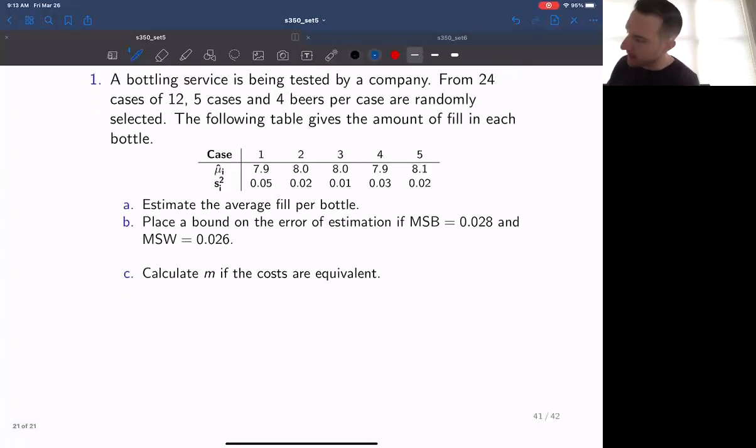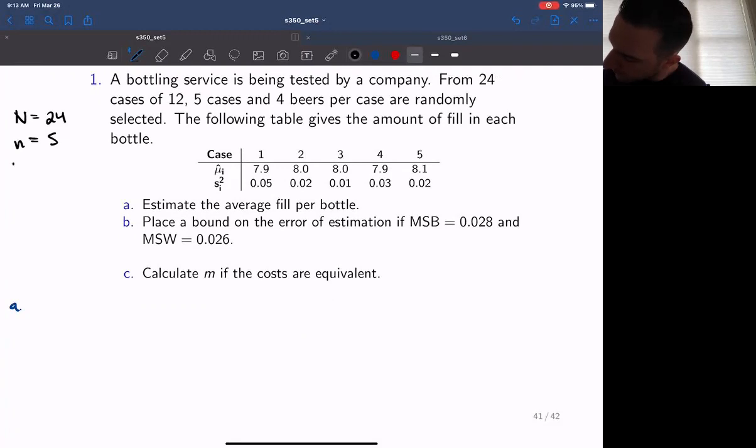All right, so in part A, we have the following. A bottling service is being tested by a company. From 24 cases of 12, 5 cases of and 4 beers per case are randomly selected. Okay, so we have capital N is equal to 24. We have little n is equal to 5.